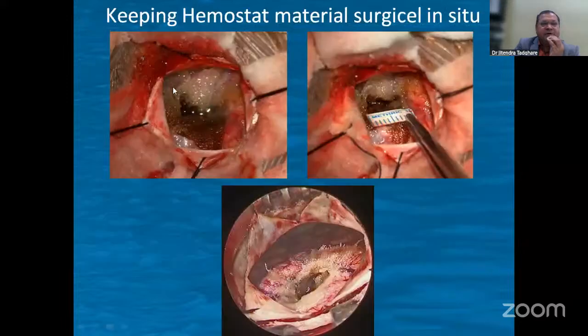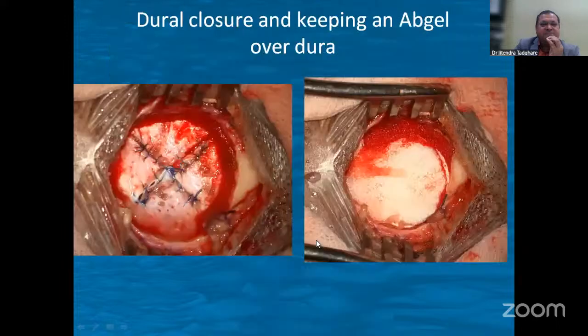So after achieving hemostasis internally and evacuating the hematoma, I kept Surgicel at the opening of the cortex, and we can see it is not more than 1 centimeter of corticotomy. In the last image, the distance between the parenchyma is more relaxed. So we close the dura watertight and keep an Abgel.